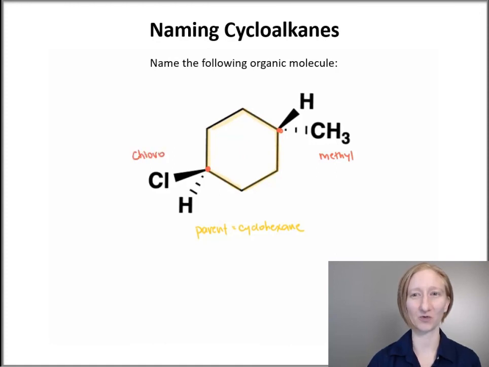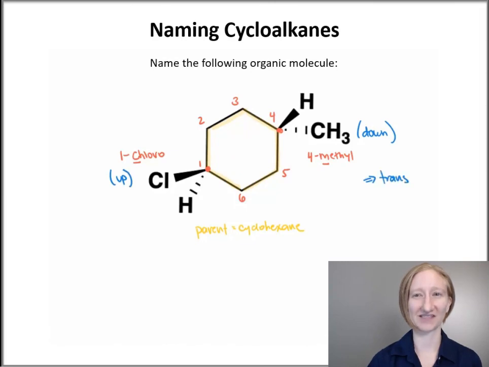We have a methyl group and a chloro group. Then we'll number the ring. Both possible numbering schemes will give us a total of 5, 1 plus 4. So here priority goes alphabetically, and the carbon bearing the chlorine is carbon 1. That means we have 1-chloro and a 4-methyl.